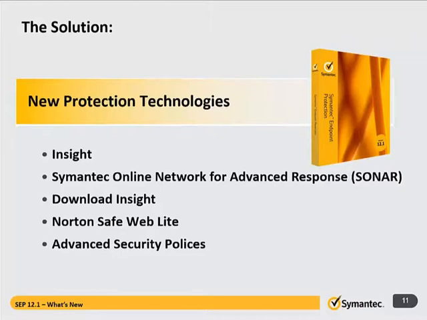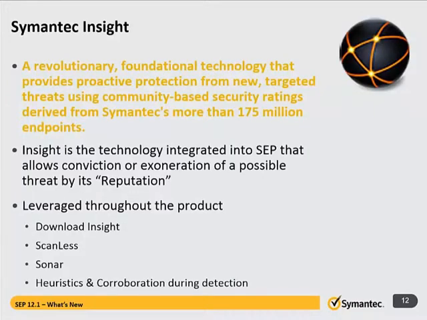These are great additions, and let's talk about them and how they help you out today. So Symantec's Insight, the technology was integrated into SEP. SEP 12 allows the conviction, and it's all based on reputation.